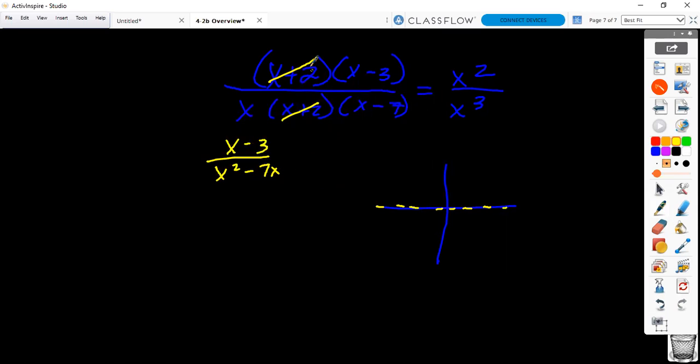But with this x plus 2, x can still not equal -2. Our original problem would have never really existed. So we've got our horizontal asymptote, our vertical asymptote. When does the denominator equal 0? You only use the parts that are left after for the vertical asymptotes.